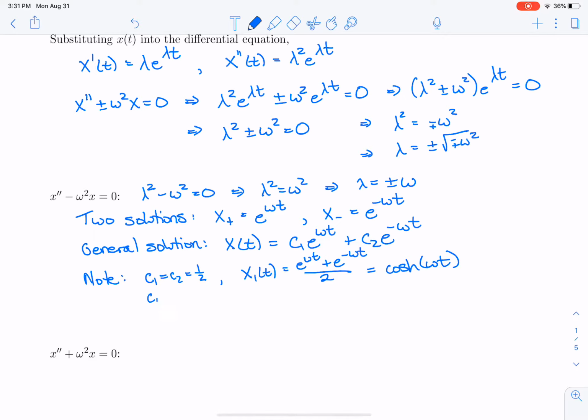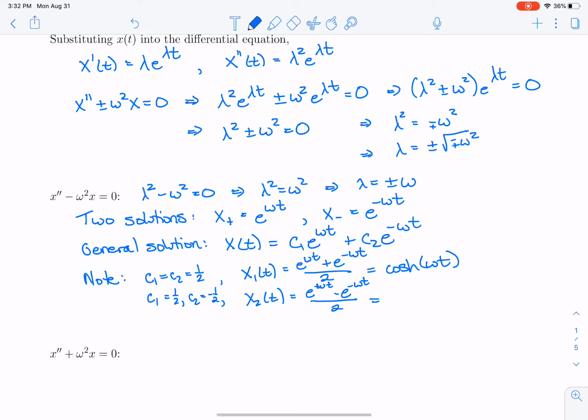Or we could have done c1 equals a half, c2 equals negative a half, and then x2 of t would be e to the omega t minus e to the minus omega t over 2.